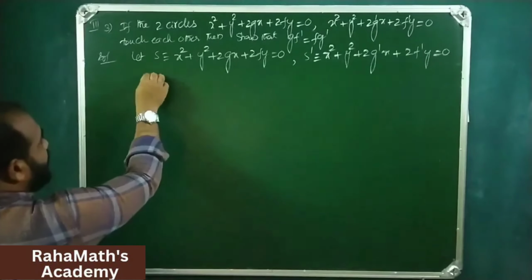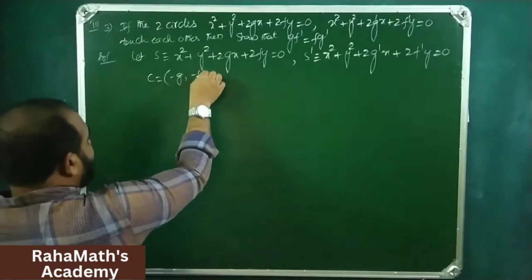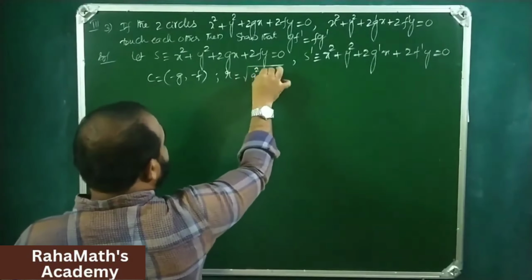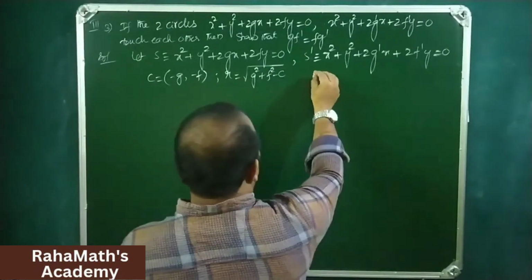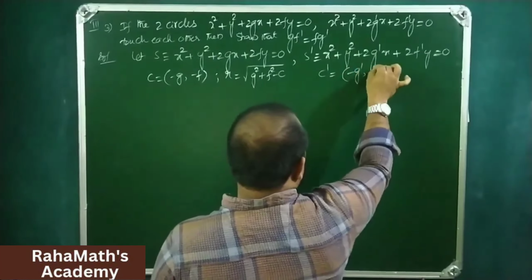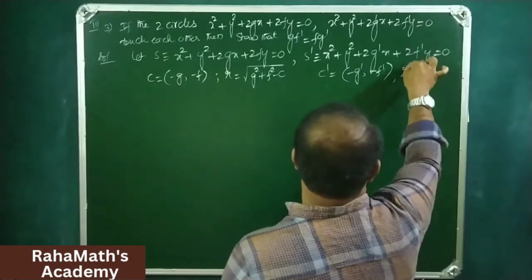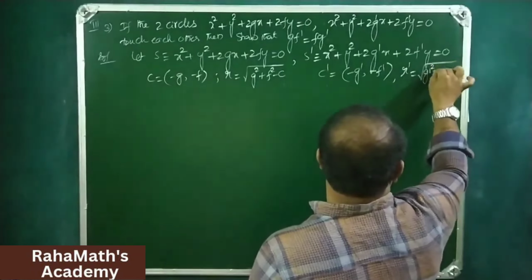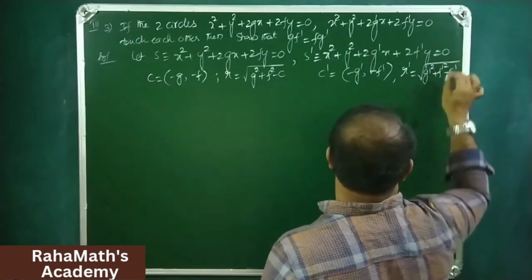The center for this is C equals minus g, minus f, and the radius is square root of g square plus f square minus c. For this, C dash is the center of the circle, minus g dash, minus f dash, and R dash is equal to square root of g dash square plus f dash square minus c dash.